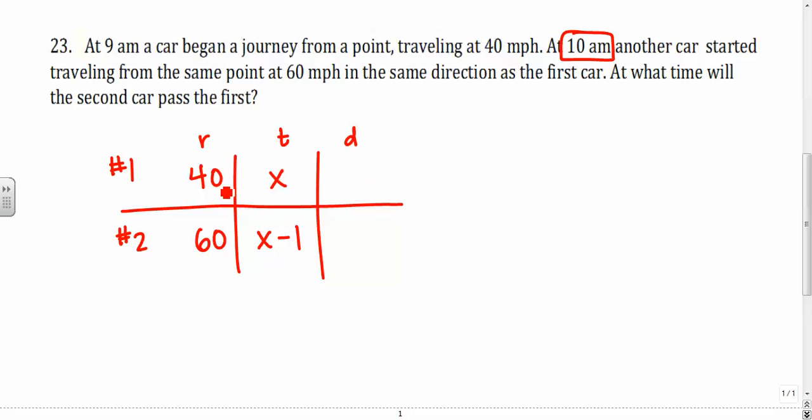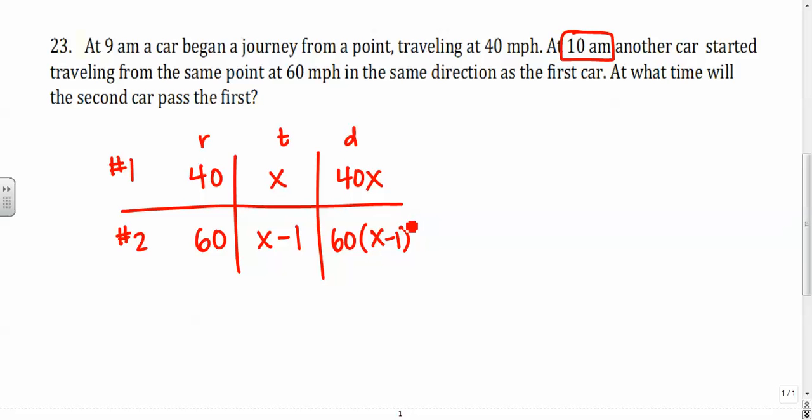Okay? Distance, remember, we multiply across. So car number 1's rate is 40 and time is X. The distance is 40X. And then for car number 2, I have 60 times X minus 1. Okay? Now we have to decide, for the equation, we have two possibilities. Do we have a total? Do I need to do car number 1 plus car number 2 to get a total distance?